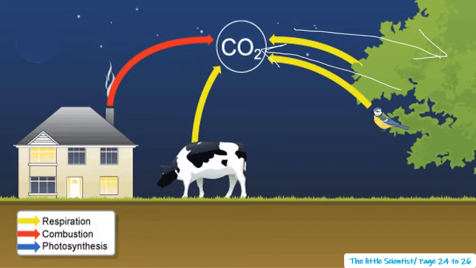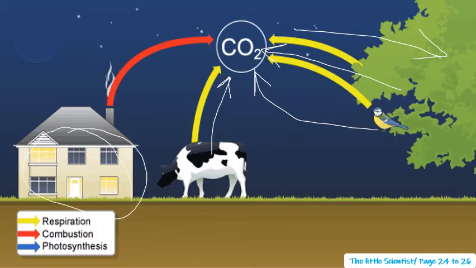Birds take oxygen. They release carbon dioxide. Cows breathe in oxygen. They release carbon dioxide. And for electricity, we burn fossil fuels, and while burning fossil fuels, we are releasing carbon dioxide into the atmosphere.